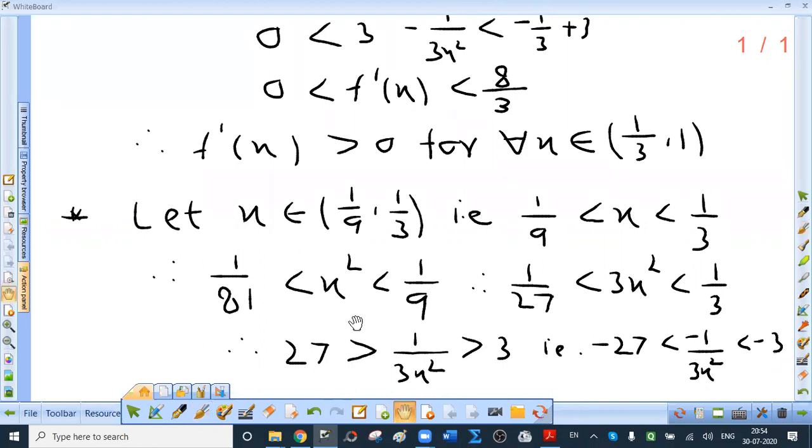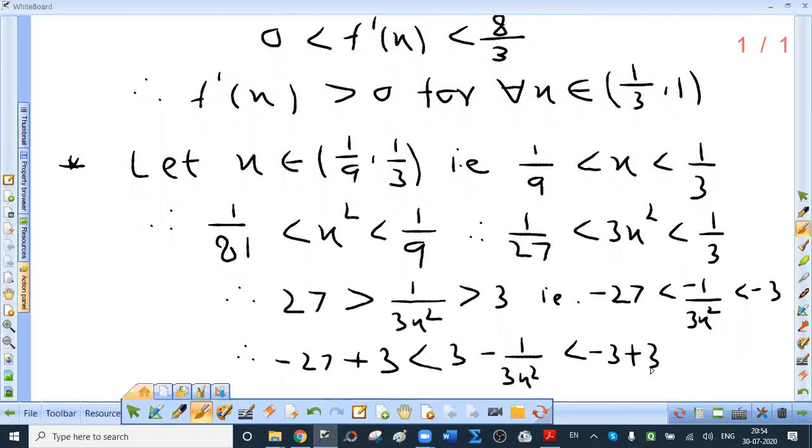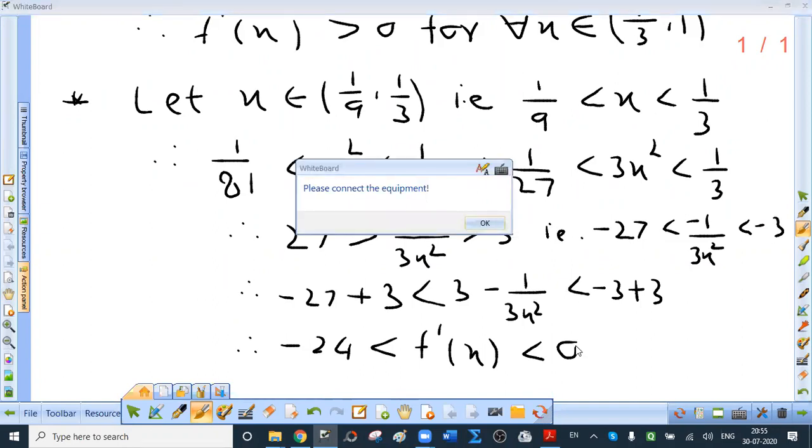Good. Now next step, we have to add 3. Minus 27 plus 3 less than 3 minus 1 upon 3x square less than minus 3 plus 3. Therefore, minus 24 less than f dash of x less than 0. And we need this only.